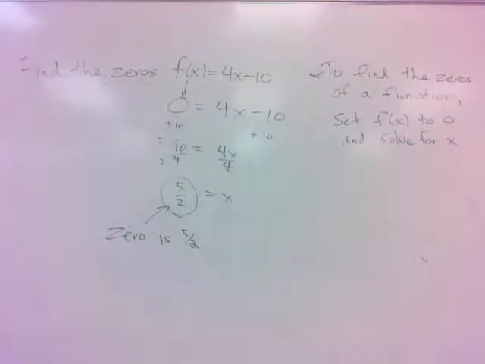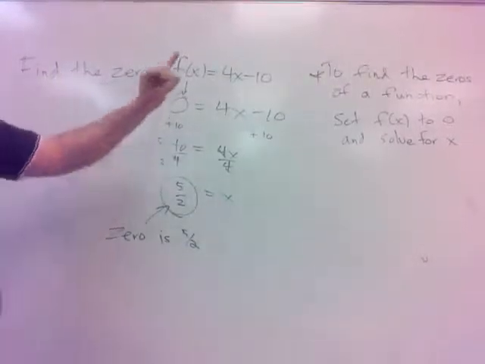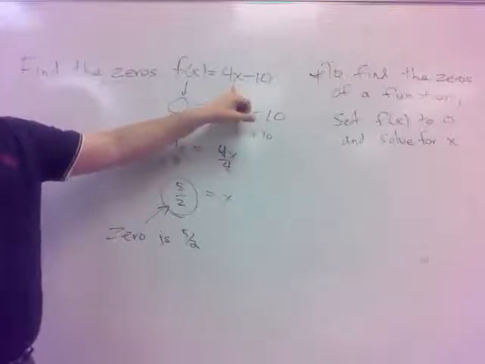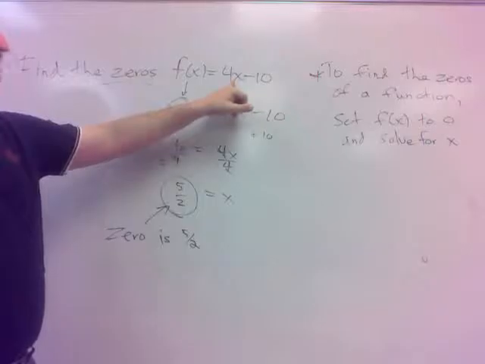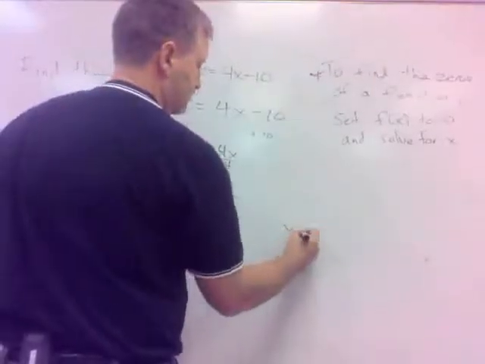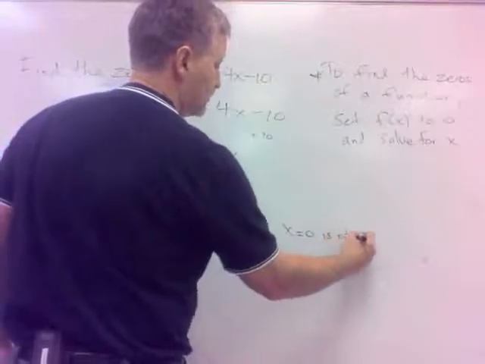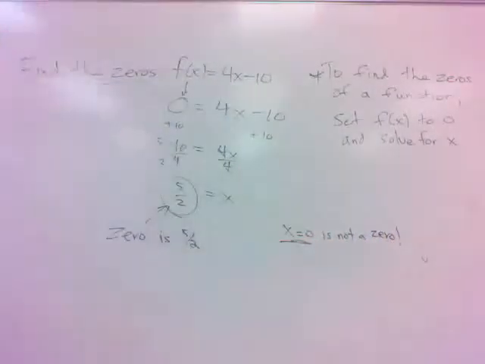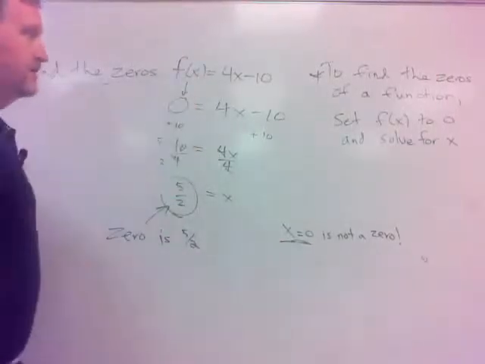All right, now, what about plugging in x to be 0? Would that give me a 0? Not necessarily. Because if I set x to 0, do I get the f of x to be 0? No. If you plug in x to be 0, in this particular case, we get -10.